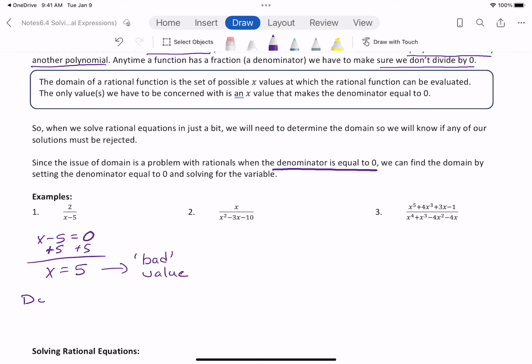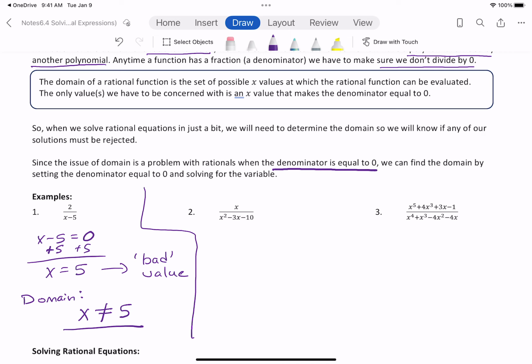So for the domain, we're going to say that x cannot be equal to 5. So notice the not equal to. That's very important. If you leave it as x equals 5, then what you're telling me is that 5 is the only value that's in the domain, instead of the right answer, that 5 is the only value that it cannot be. All right?